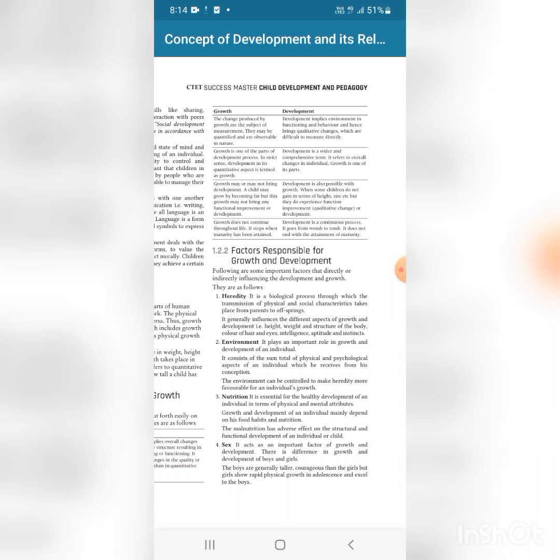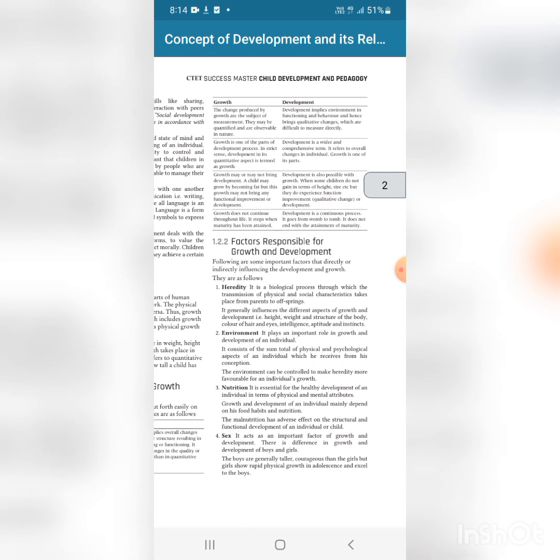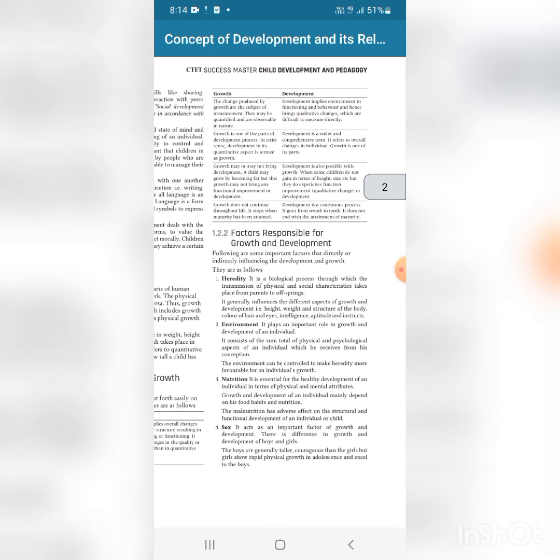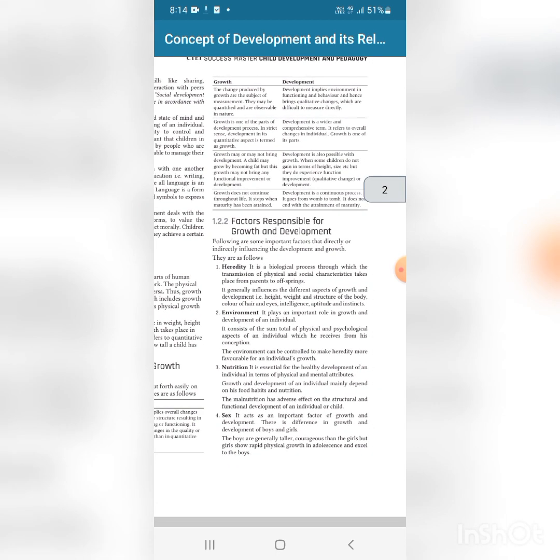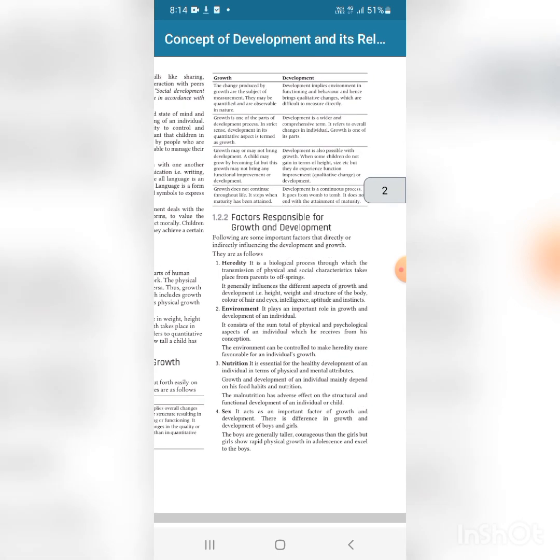The transmission of physical and social characteristics takes place, for example, looks, mental aptitude, height, weight, behavior, etc. It is believed that 75% of cognitive abilities of a child is derived from his parents, and it generally influences the different aspects of growth and development, like height, weight, and structure of body, color of hair and eyes, intelligence, aptitude, and instincts.